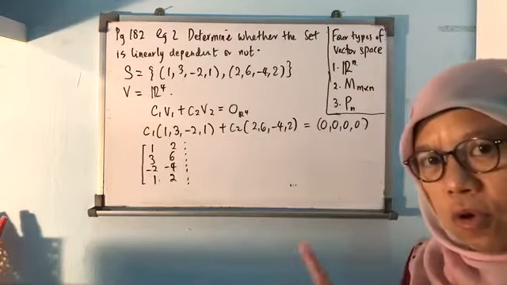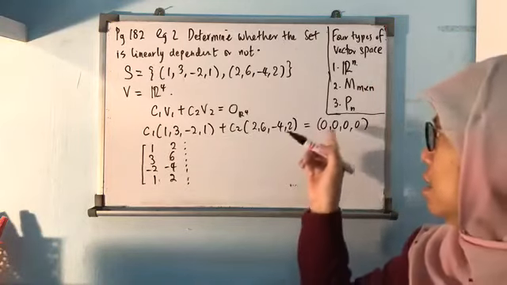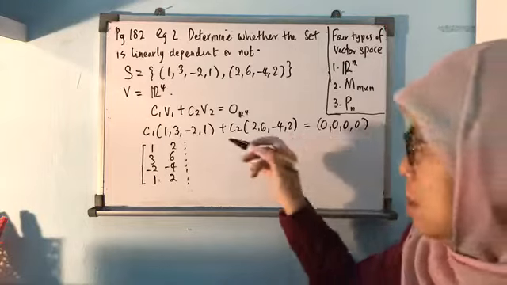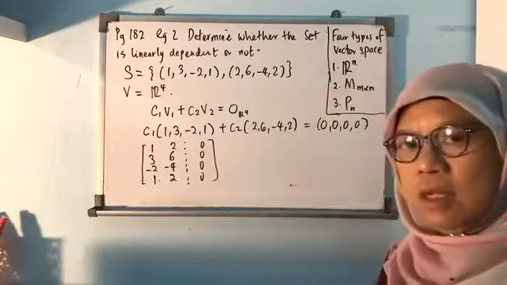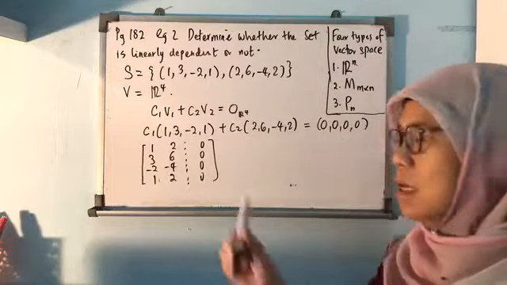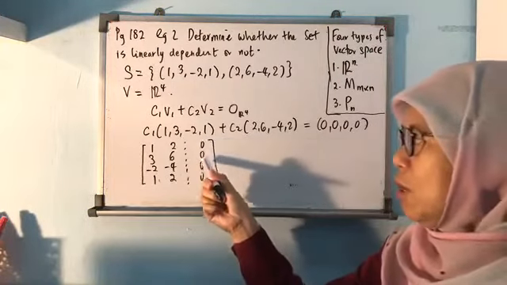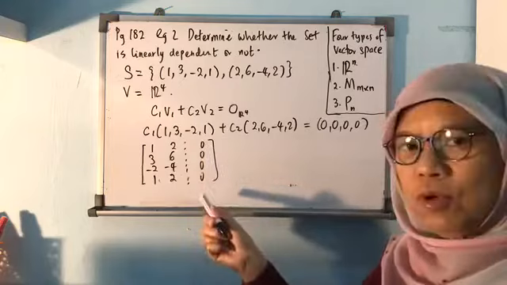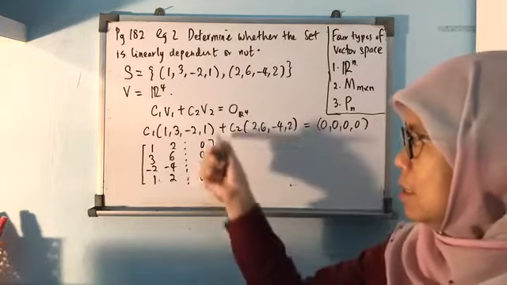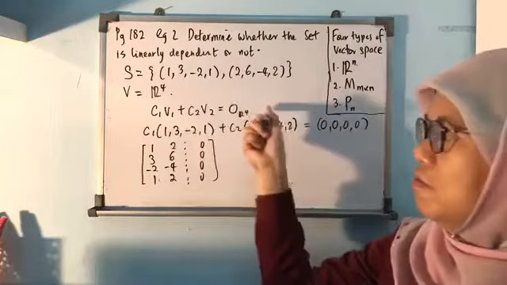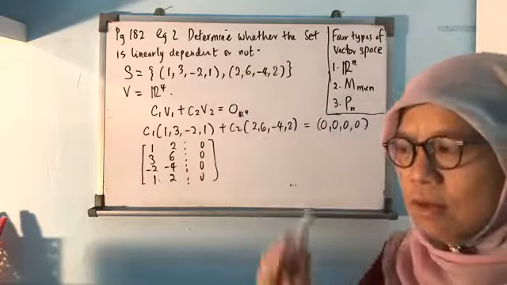And for linearly independent or dependent, it is always 0 at the end. You see the difference between this and spanning? If it's spanning, you will put WXYZ or XYZW, right? So, but for linearly independent, this is always 0 because of the definition.